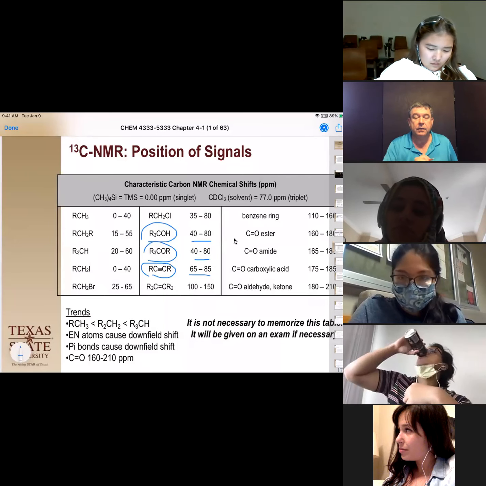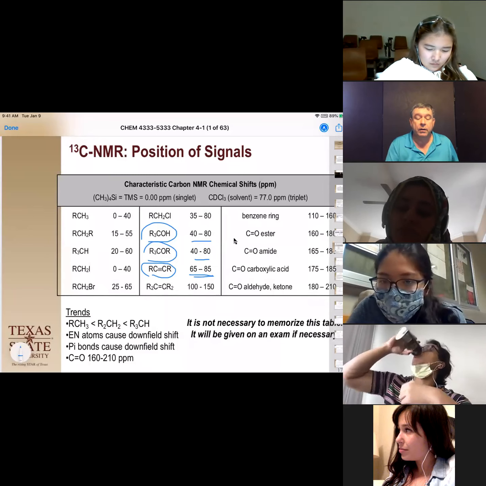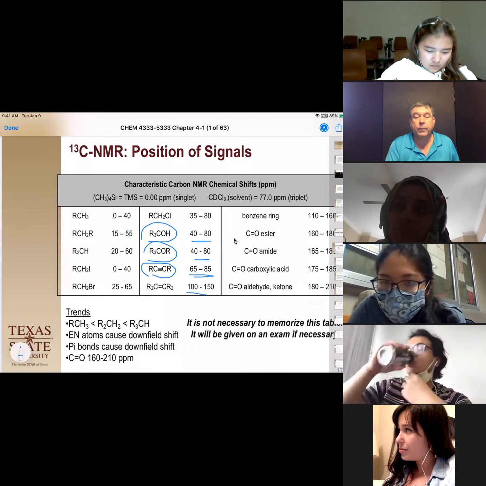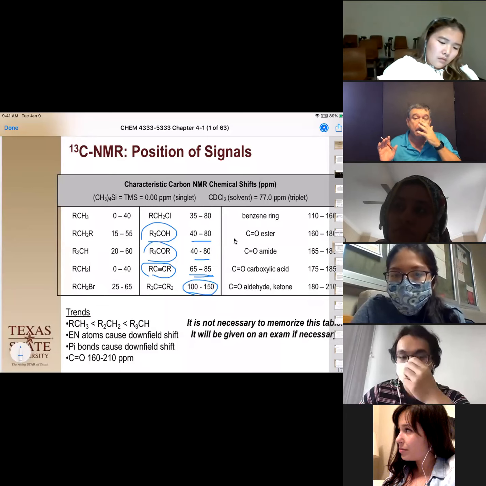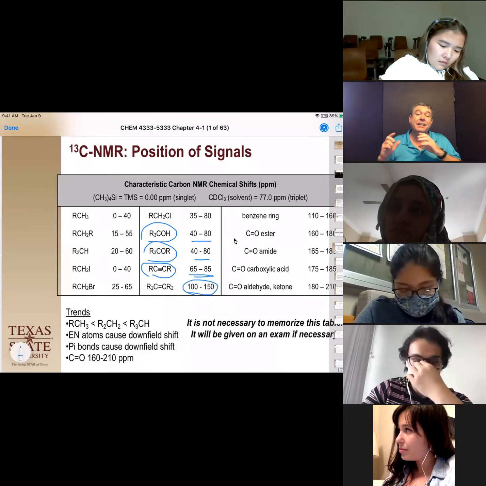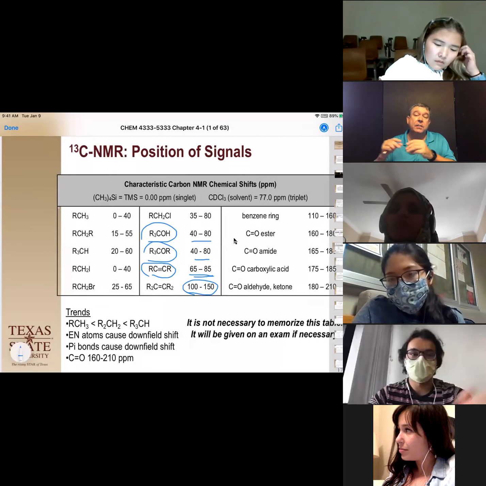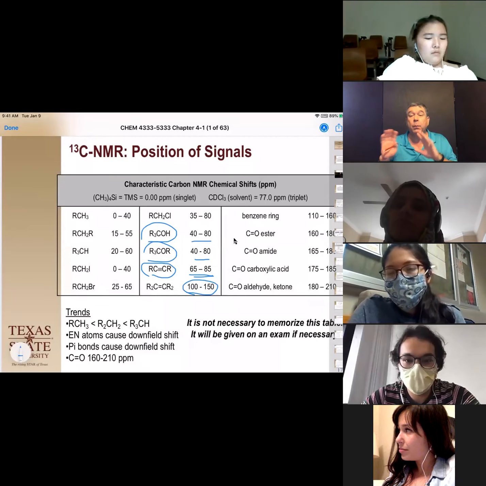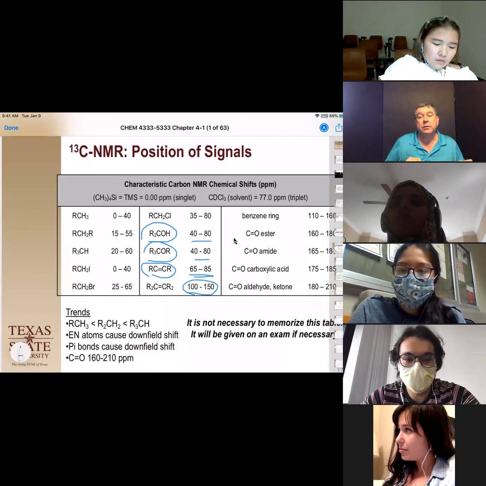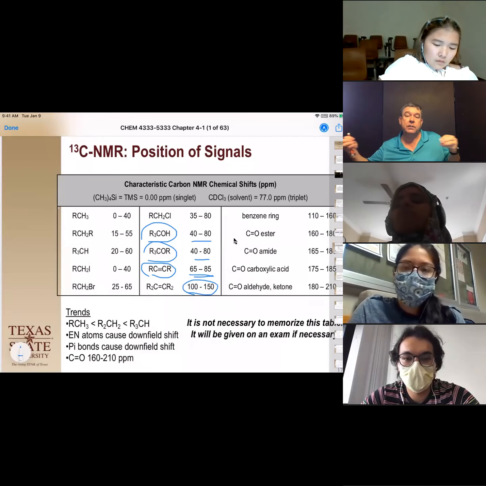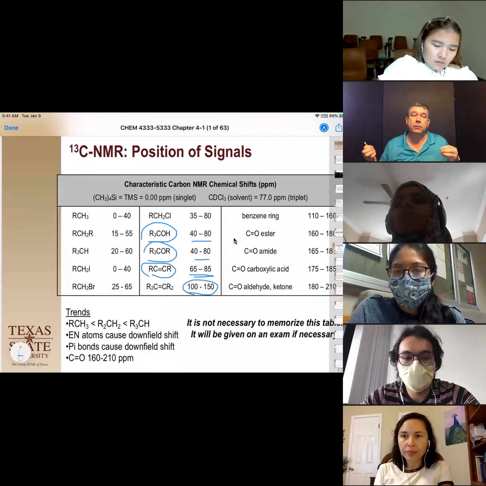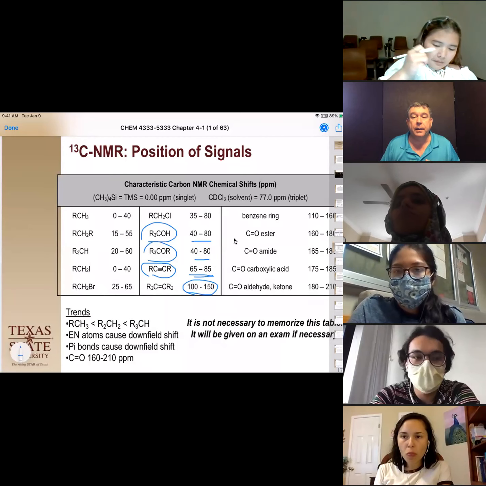It's 65 to 85. Our double bonds are signature around 100 to 150. However, the benzene ring's a little higher because of the resonance energy, and we can actually spread it out a little bit more as well, depending on what the substituents are. Electron donating substituents versus electron withdrawing substituents, or anything that polarizes it, will make a change in that.